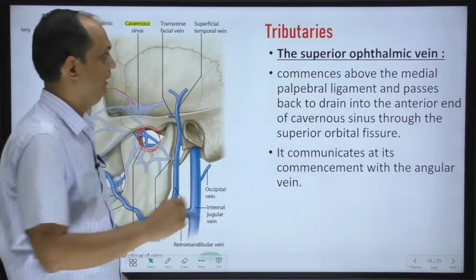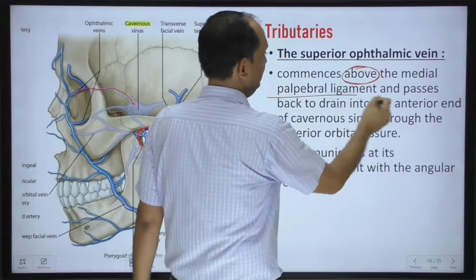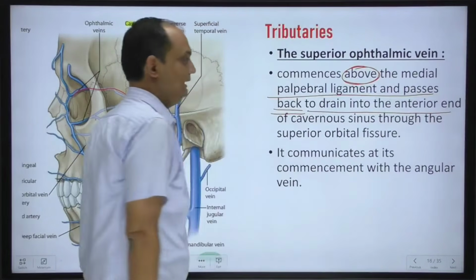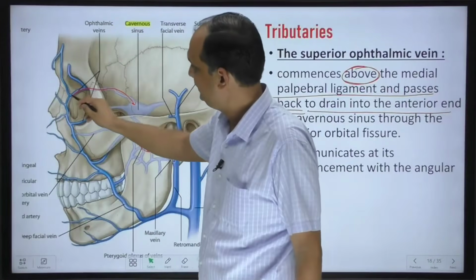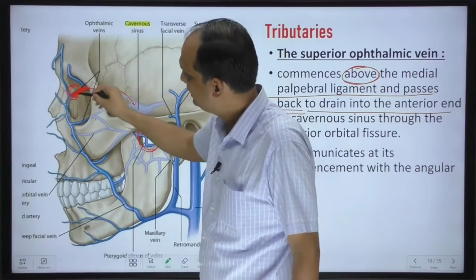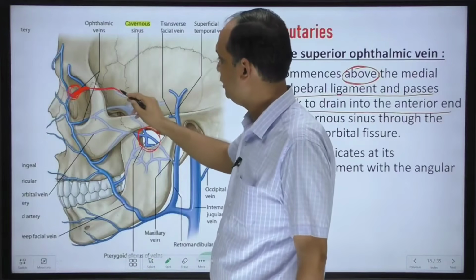Now this superior ophthalmic vein commences above the medial palpebral ligament, and it goes back to drain into the anterior part of the cavernous sinus. So here you can see that this is the superior ophthalmic vein. It forms at the medial side of your eye, and then it goes posteriorly above the optic nerve.